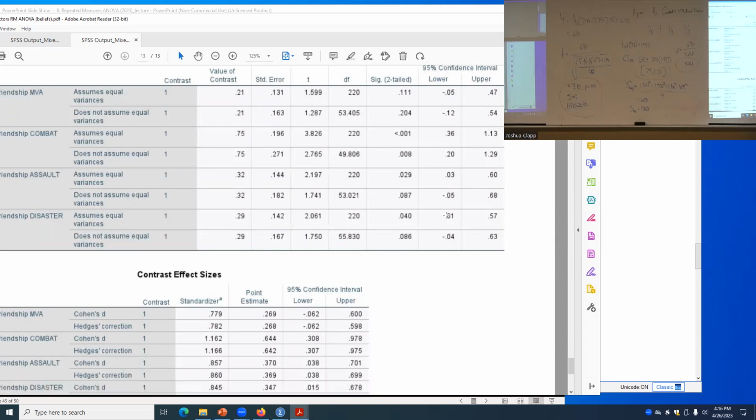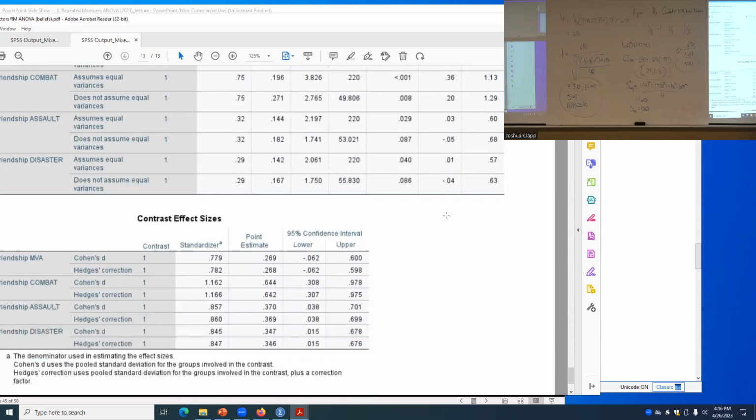And if I go down through and take a look at my coefficient for my effect size for combat, again, I'm using the pooled standard deviation of the groups involved in the contrast. It's essentially a Hedges' g here, right? I get my point estimate and my effect size there and my confidence bound for that.